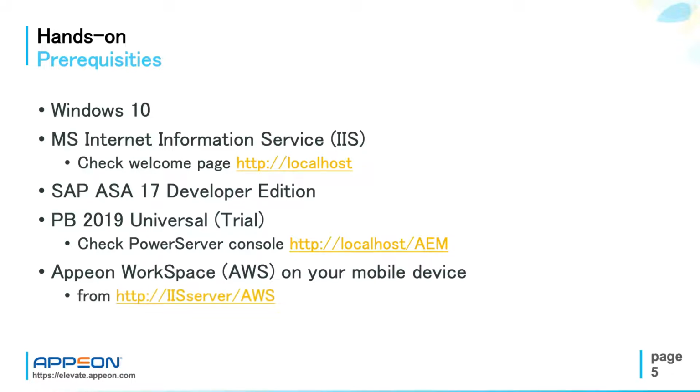So just go from your mobile device, open the web browser, Chrome if you have Android, Safari if you have iOS, and navigate to the IIS server, to the IP of your computer where the IIS server is running, /AWS, and from there you can download Appeon Workspace either for iOS or for Android.